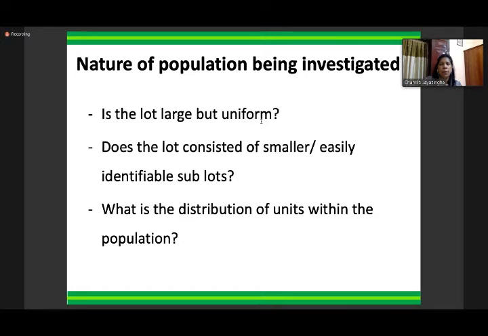But here the population is our bigger sample. In that situation, we have to identify the distribution of units within the population, and then we can take the sample for our investigation. So the nature of the population being investigated is most important.